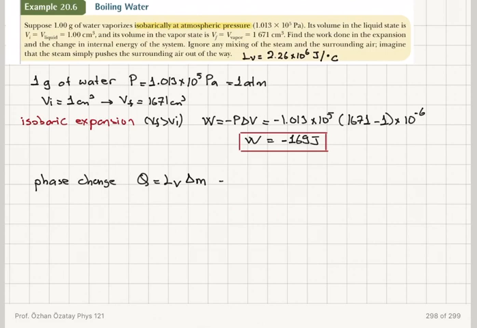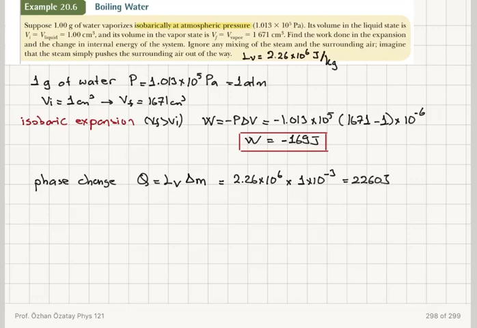And here this should be joules per kilogram, not degrees Celsius. So this is going to be 2.26 × 10^6 joules per kilogram times the mass expressed in kilograms, 1 gram, 1 × 10^-3 kilograms.